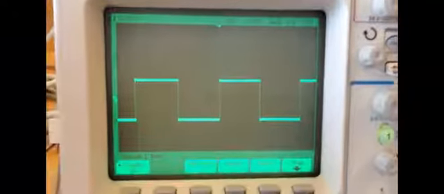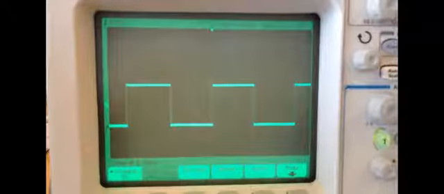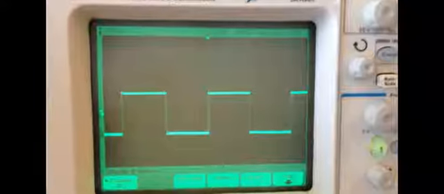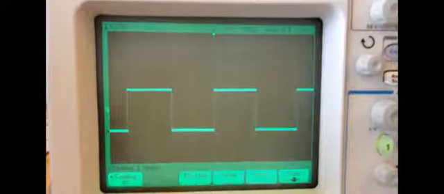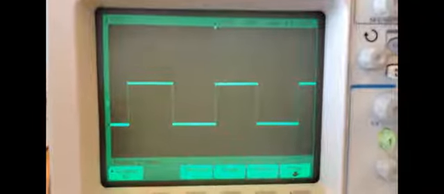If you want to measure the frequency, you have to invert the period to get the frequency. So the horizontal blocks are the time blocks, and the vertical blocks are the voltage blocks. There are all other buttons here, but I just showed you the main ones.